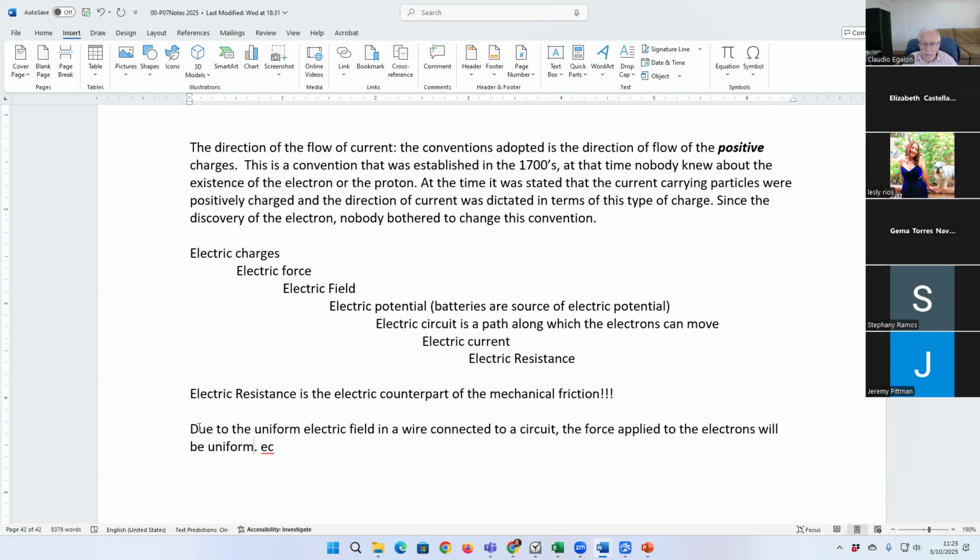It will be constant. However, a constant force implies that the electrons will be accelerated, unless you have some other force acting on the electrons.